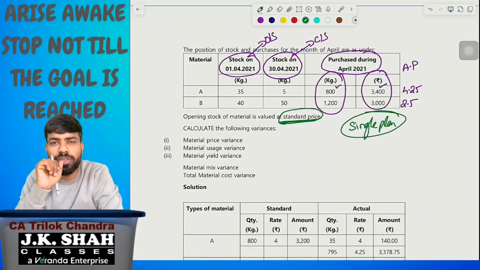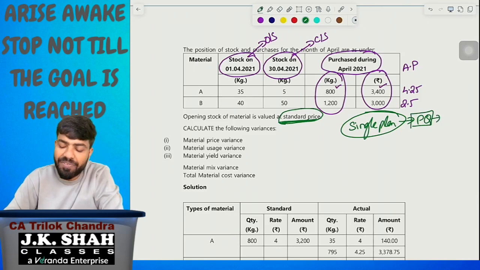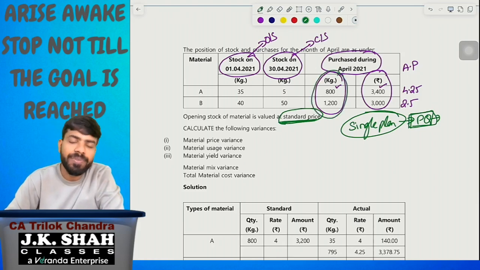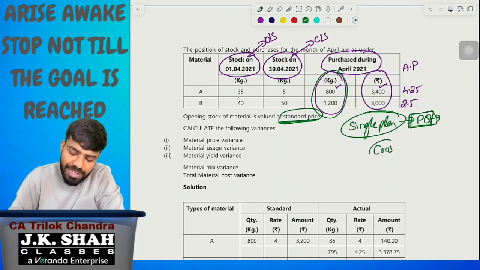Clear? Understood? Now, if the company follows the single plan, then what do they need to do? The variance has to be recorded for the entire purchase quantity. But in this question, the institute has solved it by taking the consumption.